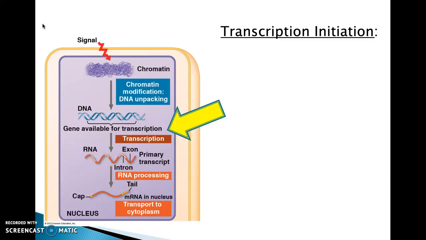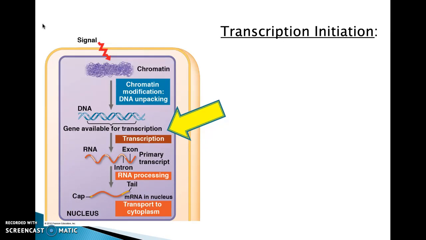The first step of gene expression being regulated was chromatin modification. Depending on how that chromatin and DNA was packed together, it regulates whether or not transcription is more or less likely to occur. The second control point of gene expression being regulated is at transcription.